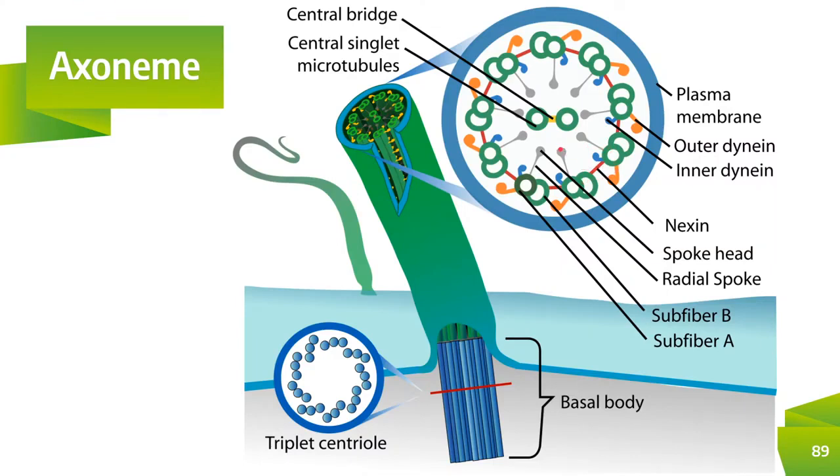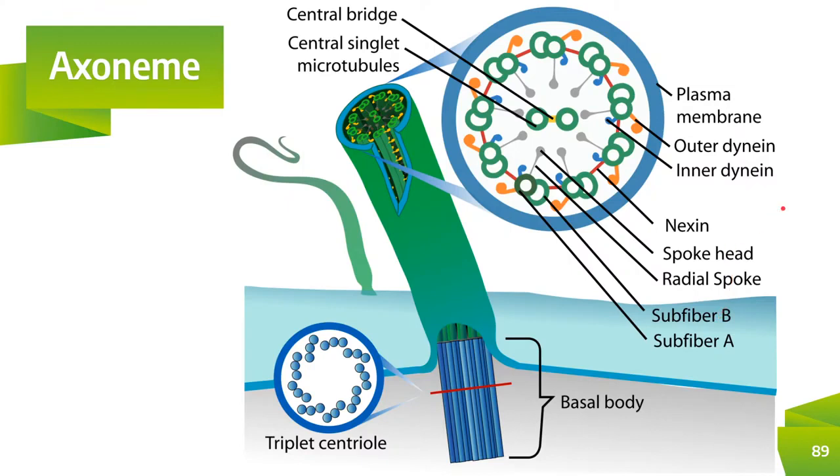And they're also proteins that act like a spoke in a bicycle. These spokes are there for structural integrity of the whole axoneme. In the center you have a central bridge and singlet microtubules, and the outer ones are more like double circles, and they have a subfiber A and a subfiber B.